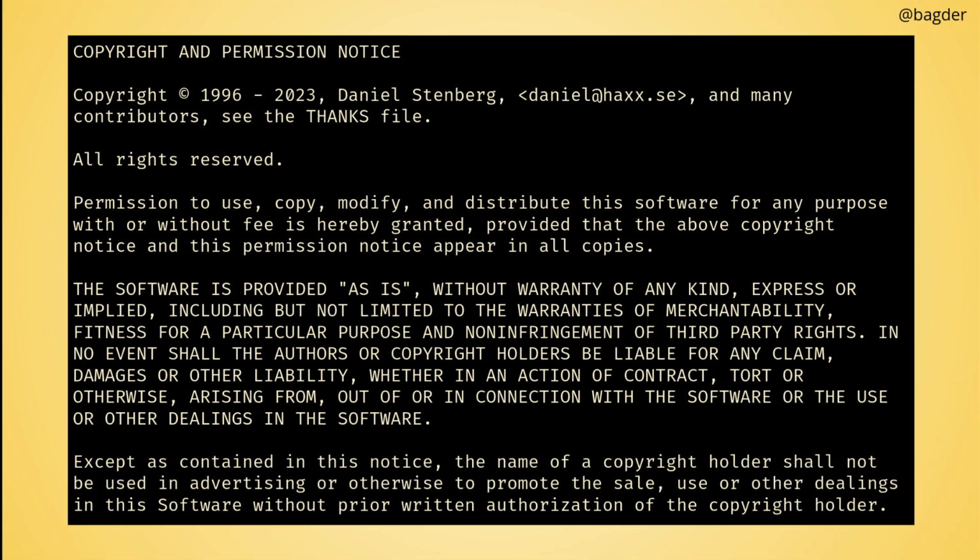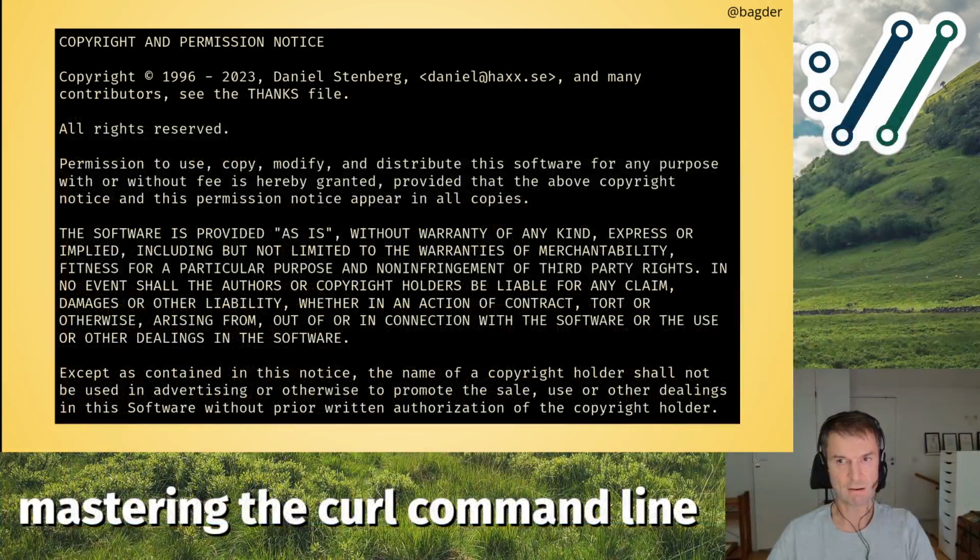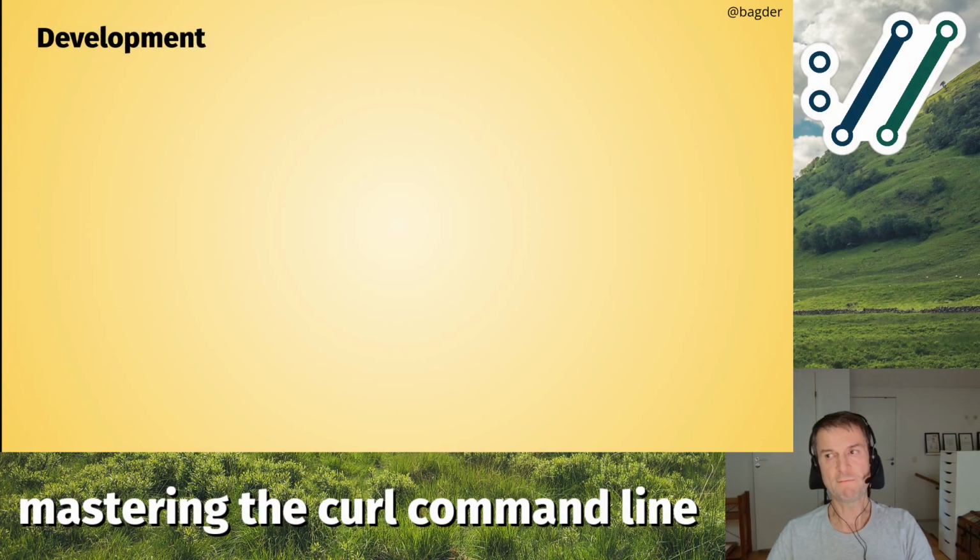It's 200 words or something. Easy peasy, nothing strange. The MIT style license. Pretty much you can do whatever you want, as long as you have this copyright notice somewhere in your product or documentation or something. It's a very, very liberal license.